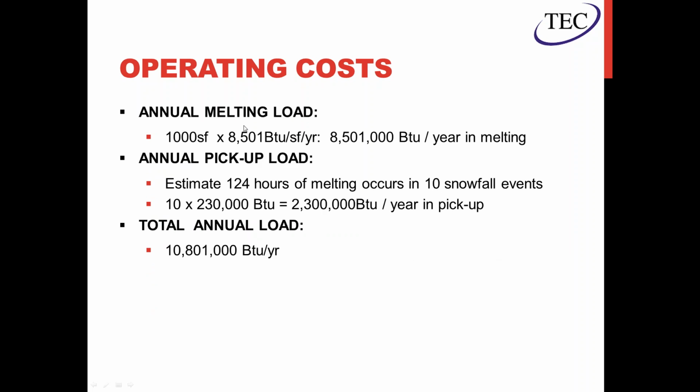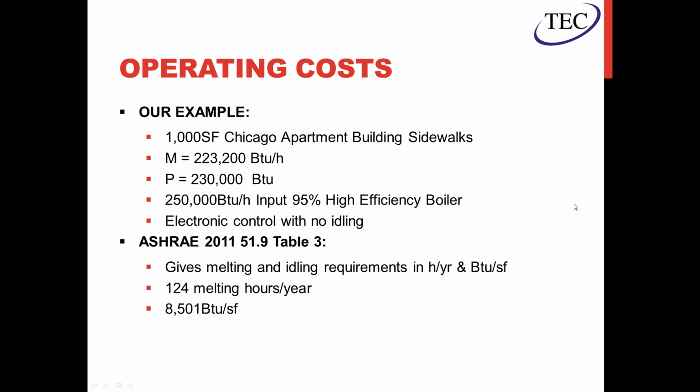All right, so our annual melting load is going to be, sorry, let me briefly go back here. So from Table 3, it gives you the melting and idling requirements in hours per year and BTUs per square foot based on your location data, and the data we selected earlier, the area-free ratio and the frequency distribution.